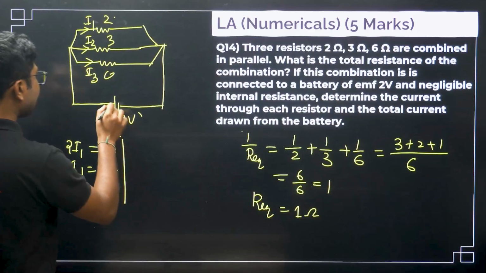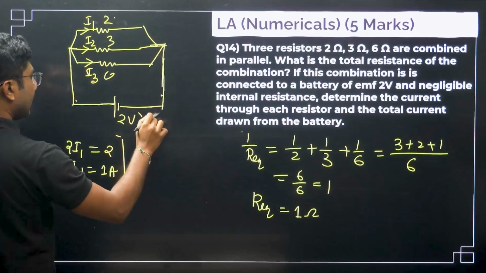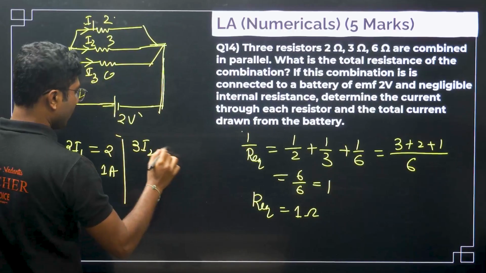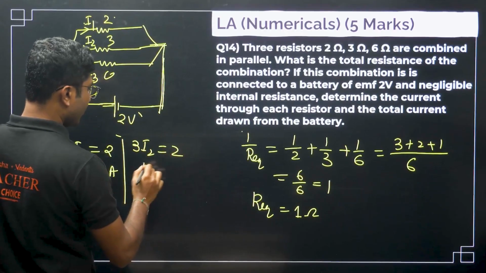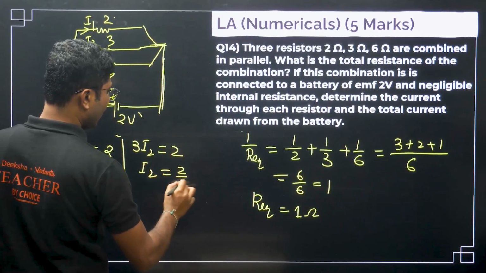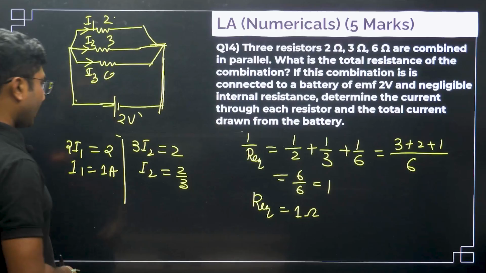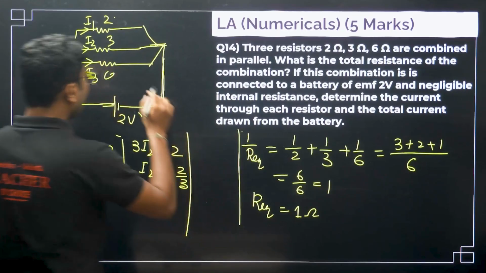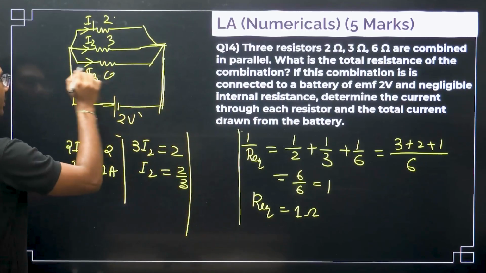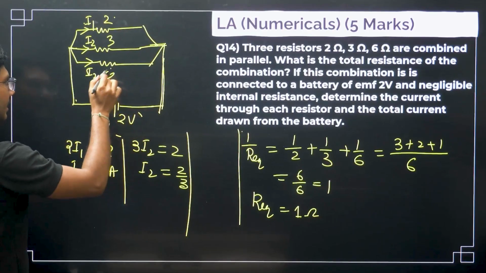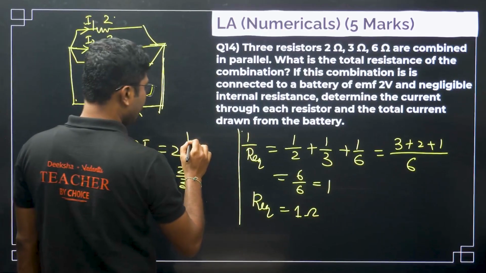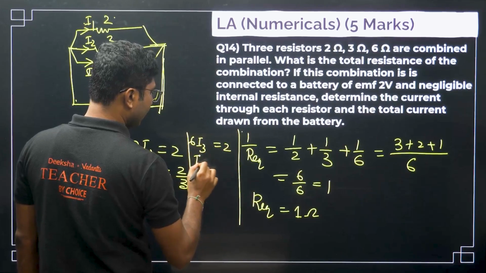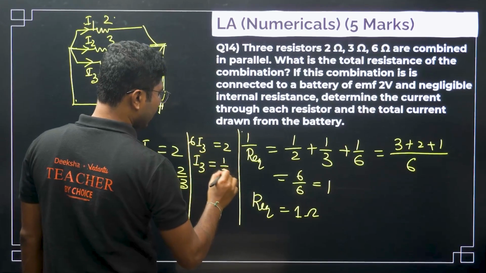Okay, now you take the second resistance. Same thing. 3I2 equals 2, so I2 must equal 2 by 3. Okay, and now you take this last loop, I3, and this is 6, so 6I3 equals 2, or I3 equals 1 by 3 ampere.